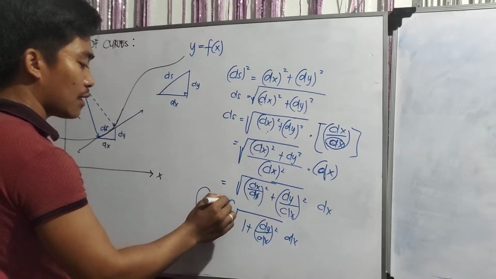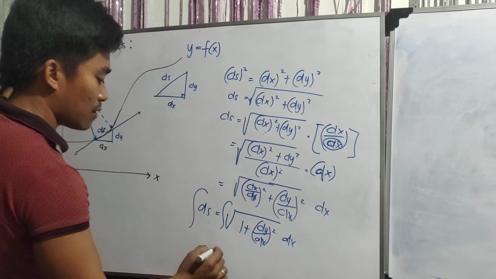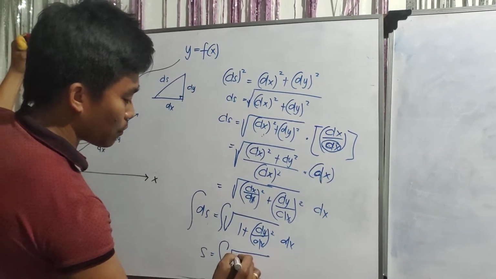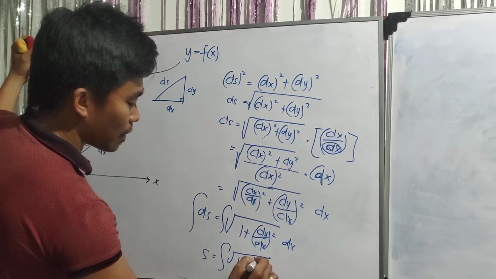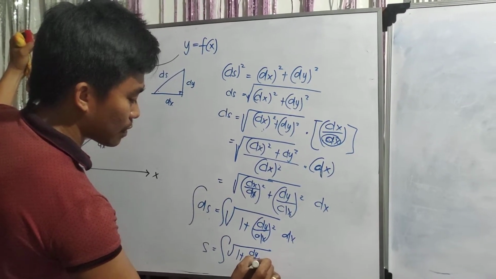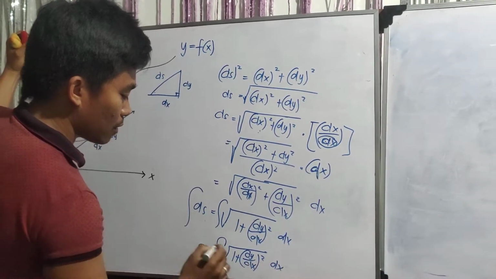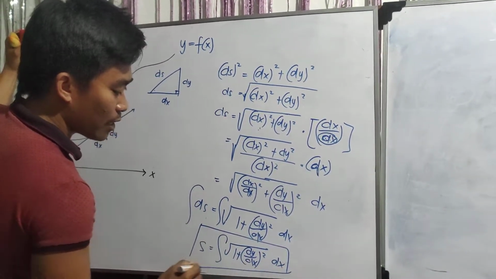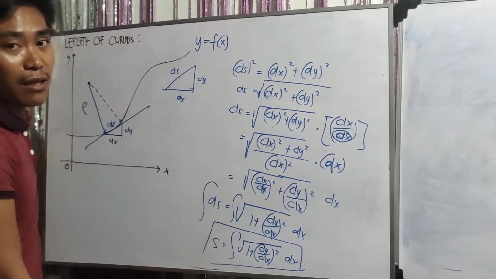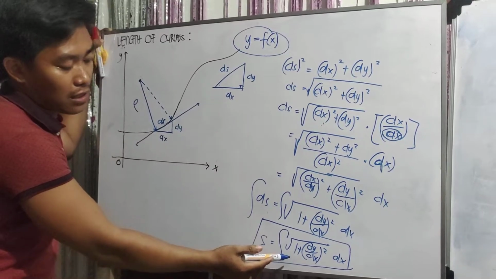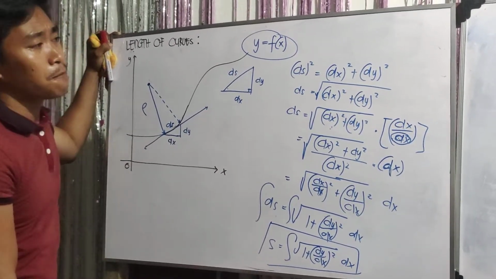So taking the integral of both sides, this gives us the length of curve, which is the integral of the square root of 1 plus dy over dx squared, dx. Or simply, dy over dx is just y prime or the first derivative of the function. So this is the formula for the length of curves.